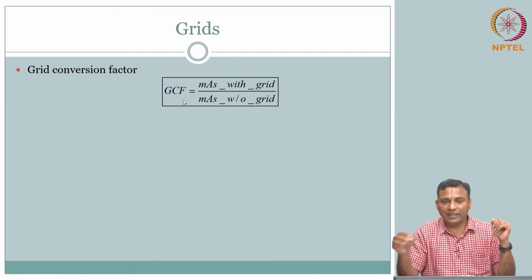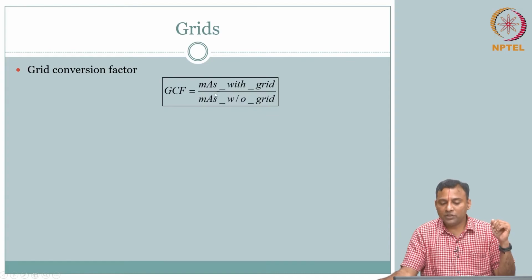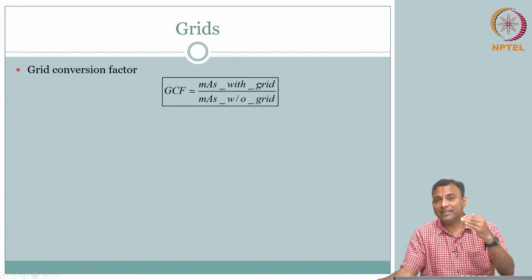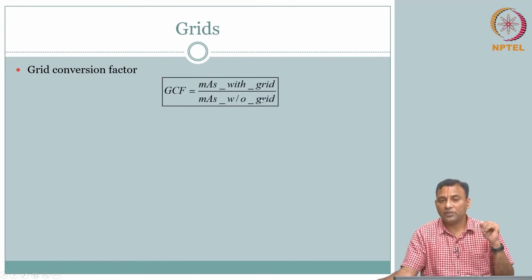The moment I use the grid, my noise is going down, but my signal is also going down. Whereas without the grid, I have both: signal is there, noise is also there. So, what does this GCF do? GCF allows us to capture this sentiment: how much of the signal to noise ratio you are gaining because of having the grid.